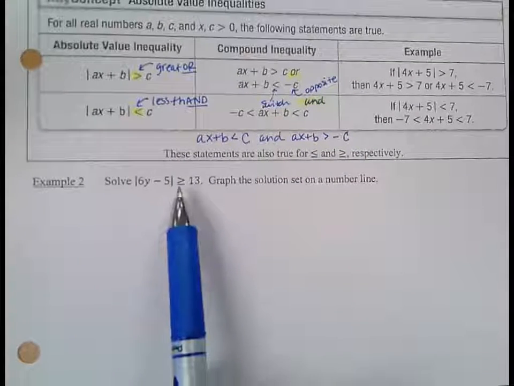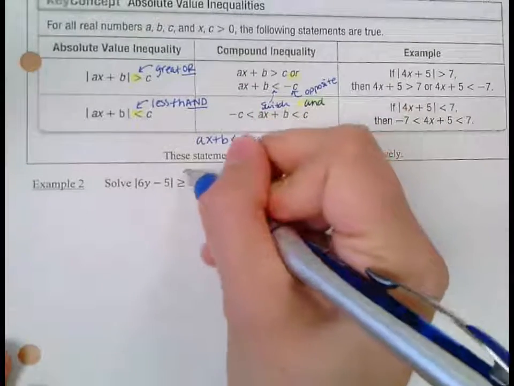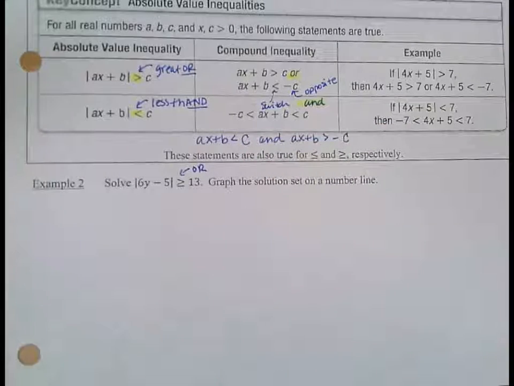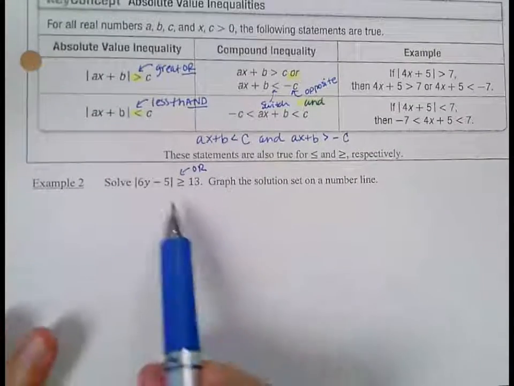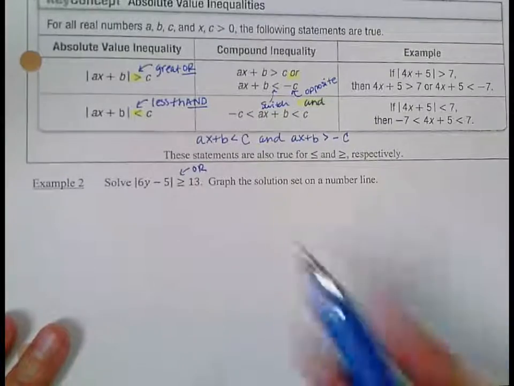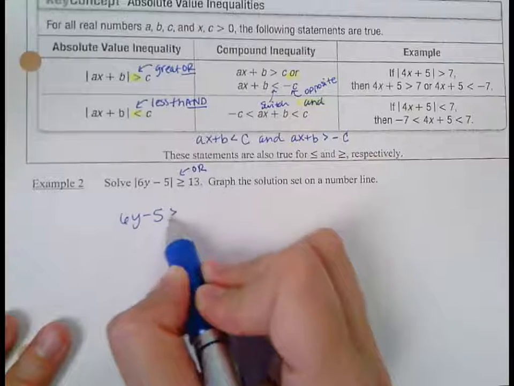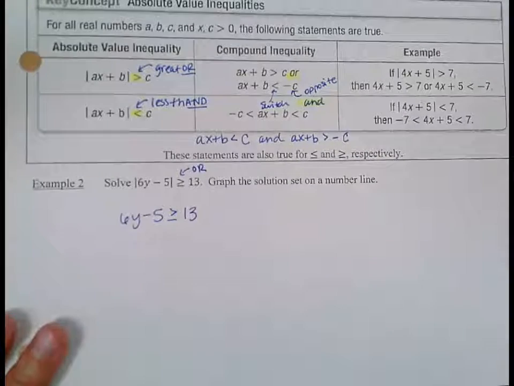So for example 2, I have a greater than or equal to symbol, so great or, so this is going to be joined with or. And then I set up my compound inequality joined by or. So my first inequality, positive case, again, everything stays the same. I just drop the absolute value bars. So 6y minus 5, keep the greater than or equal to symbol, keep the positive 13.